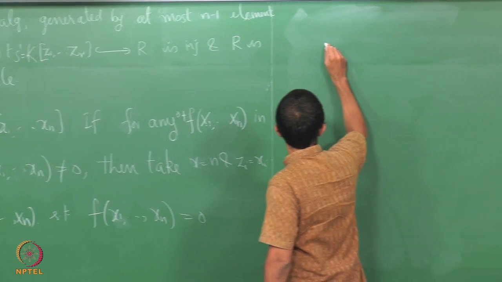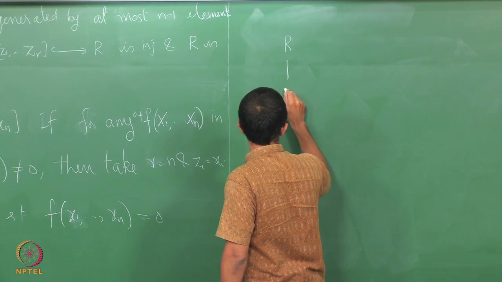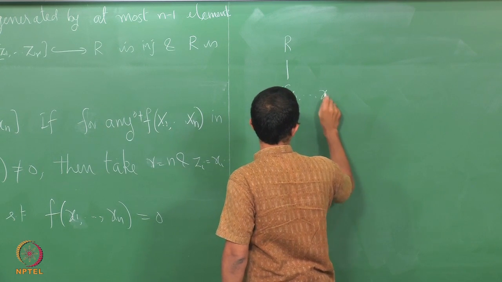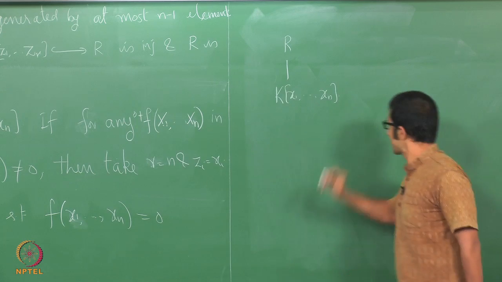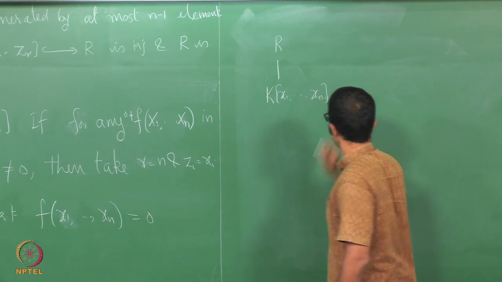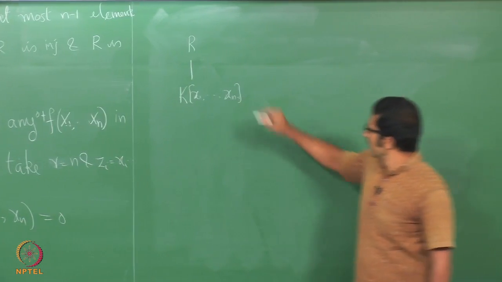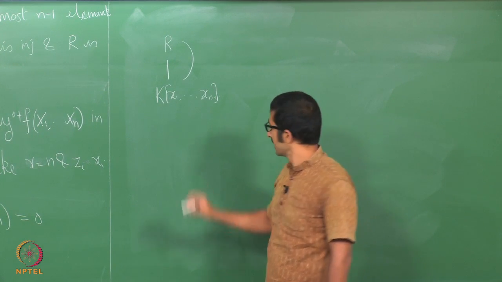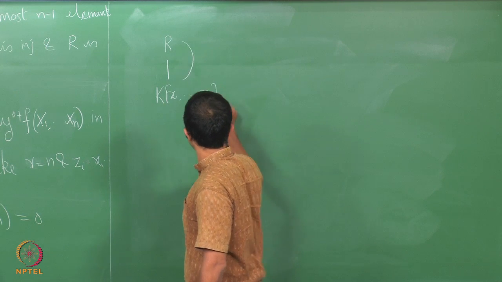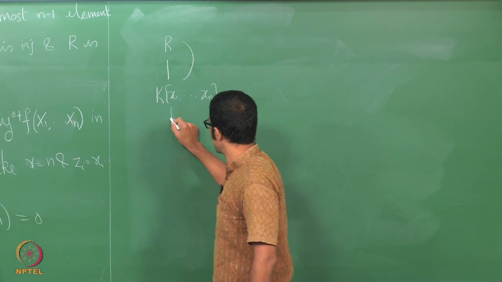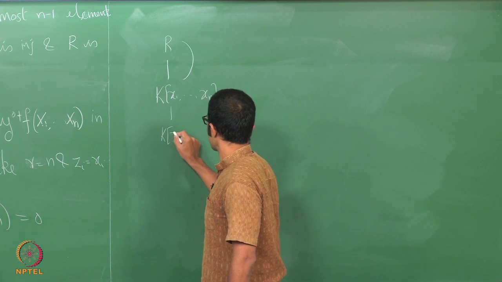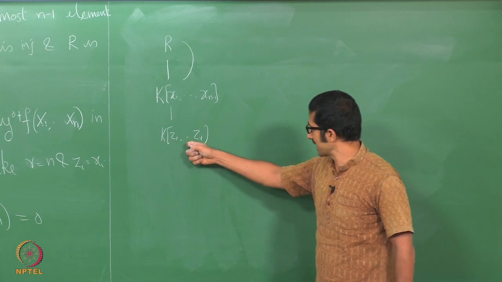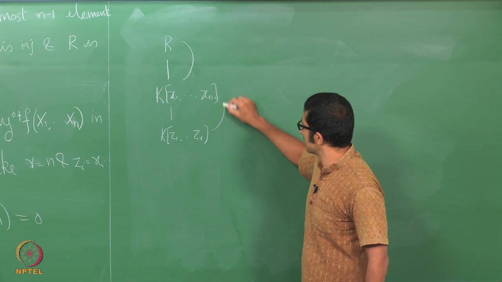I have R, I want to bring it down to a situation like this, k x 1 up to x n minus 1, where this is finite. Once you have this situation, then by induction I can say that I have a polynomial ring k z 1 up to z r, such that this is finite.